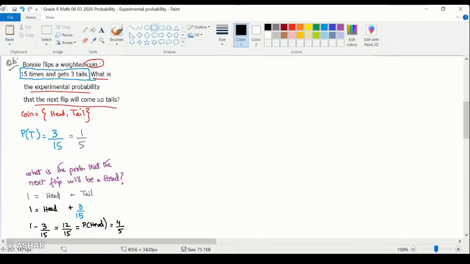That means that if the probability of tail was 1 upon 5, then the remaining probability, 4 upon 5, will be the probability of getting a head. Okay? Because a coin has only two options. Either it could be a head or it can be a tail. There is no other option, right?